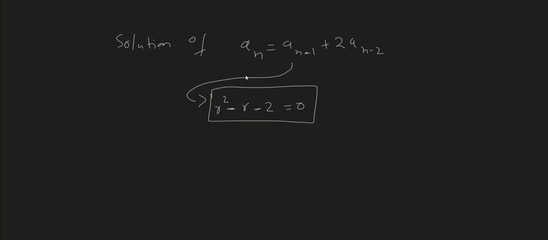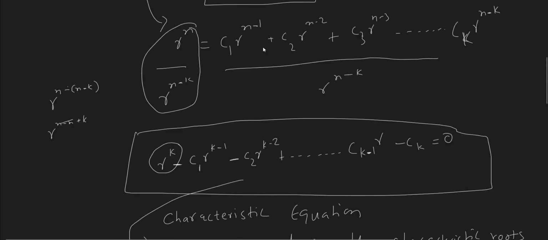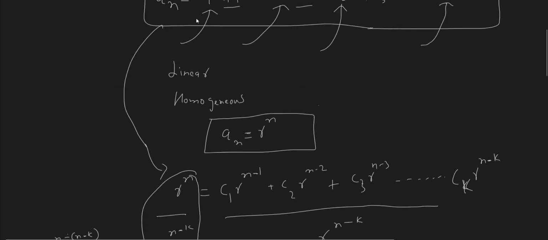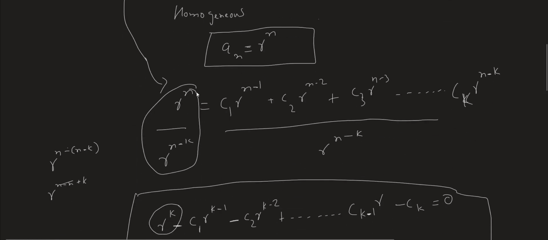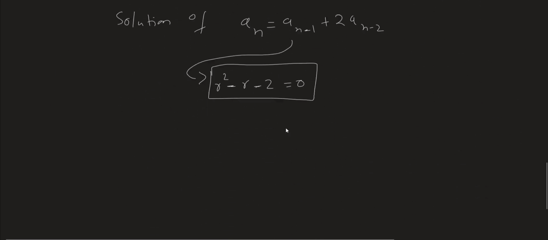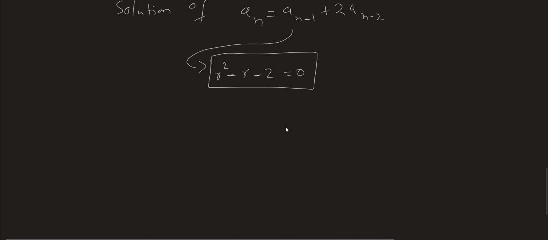All we are doing is, in the generalized example, r^n is a solution, and that is equal to c1 times r raised to the power n minus 1 plus c2 times r raised to the power n minus 2, and so on to ck times r^(n-k). That was what we had initially. Then we divided both sides by r raised to the power n minus k. Similarly here, in this case, we will divide by r raised to the power n minus 2.